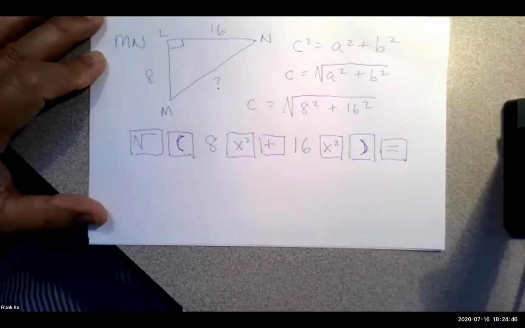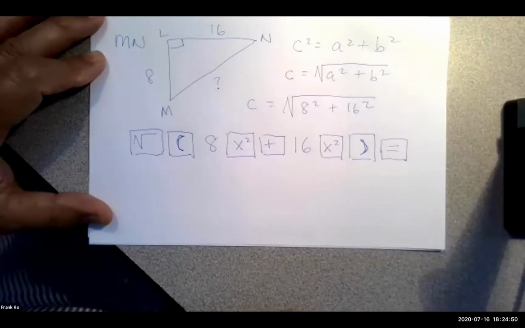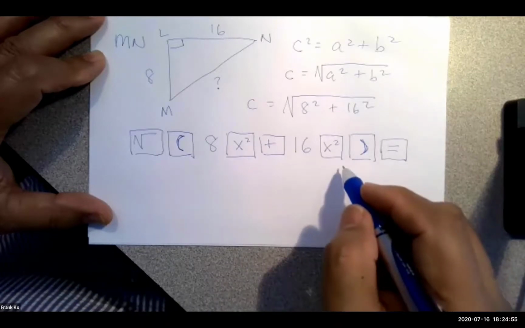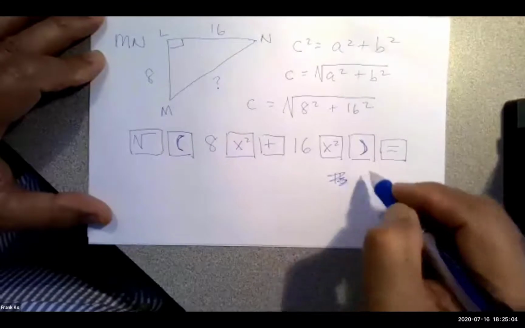And the magic answer works out to be what value? Tolan, what's the value? 17.88. 15.88? 17.88. Oh, okay.